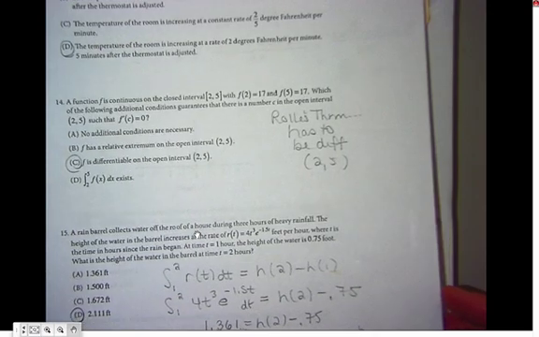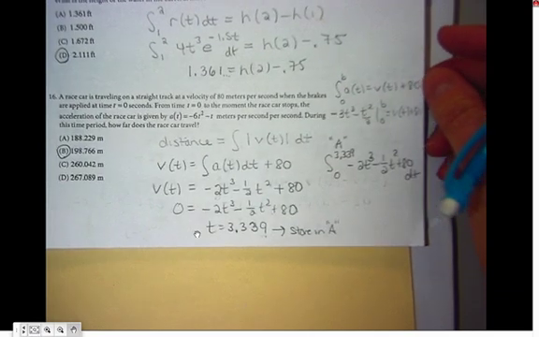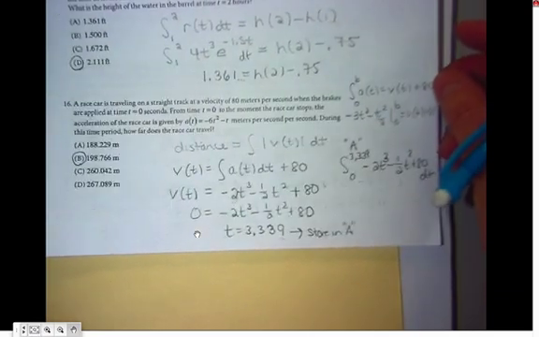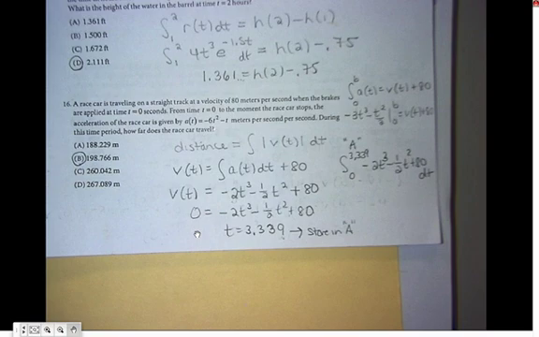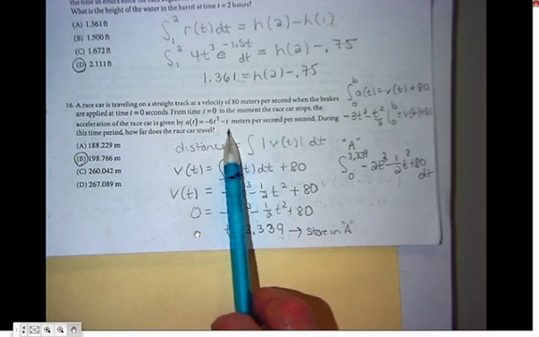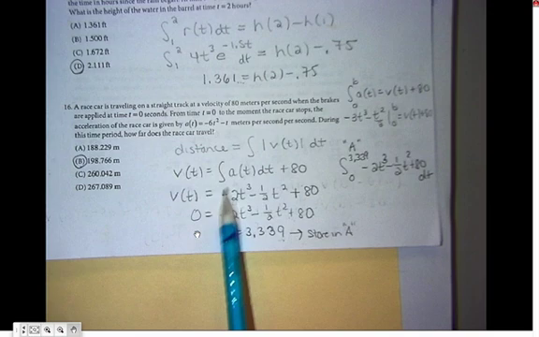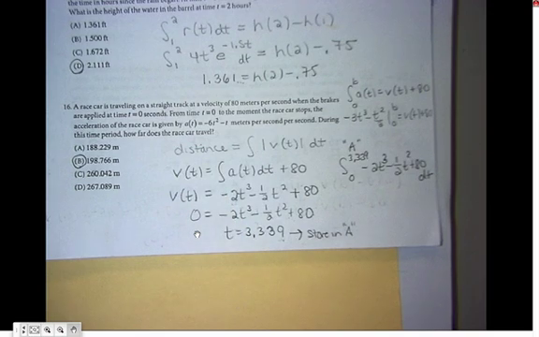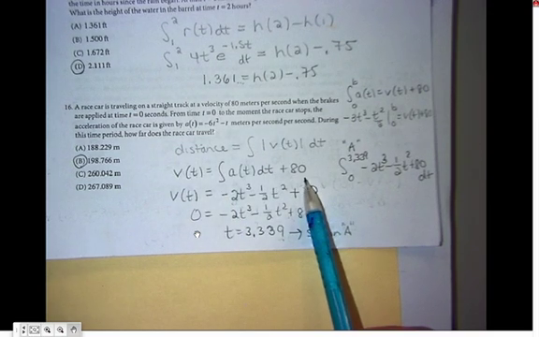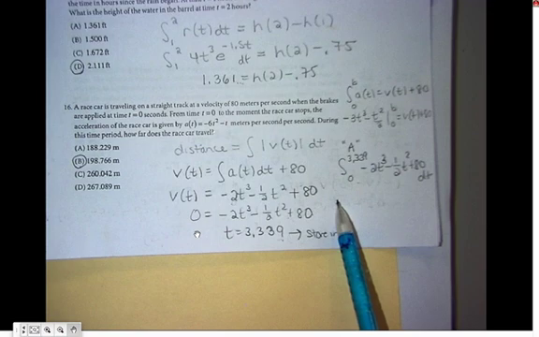It took me a couple minutes. Did you try 16 yet? That one was tough. They wanted you to find out how far the race car is going to travel, and they gave us the acceleration. So I knew if I integrated acceleration, I'd get velocity, but I had to tack on that 80, which was the initial condition.